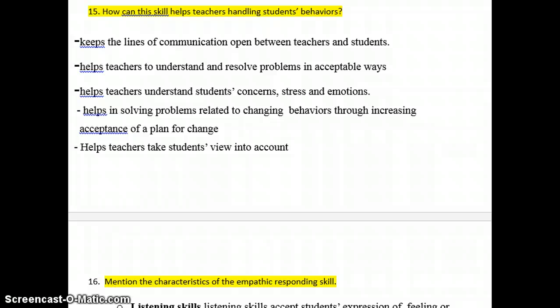It keeps lines of communication open between teachers and students, helps teachers to understand and resolve problems in acceptable ways, helps teachers understand student concerns, stress and emotions, helps in solving problems related to changing behaviors through increasing acceptance of plan or change, helps teachers take students' view into account.